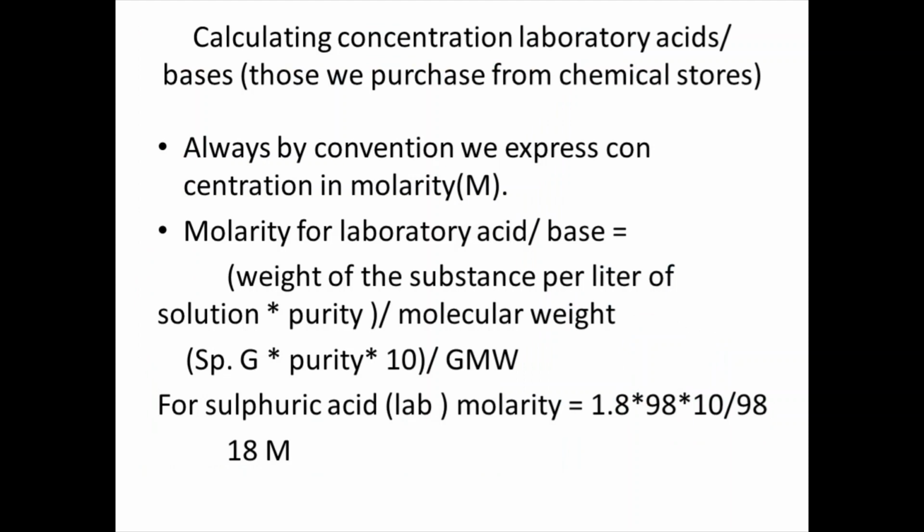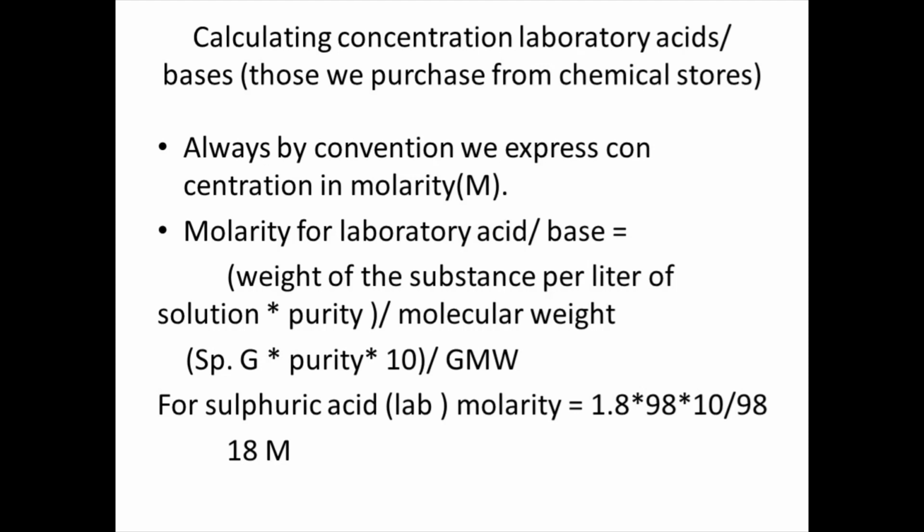You will be calculating by using a formula, and the formula is weight of the substance per liter of solution multiplied by purity divided by molecular weight. How do you calculate weight? To calculate weight, we have to know about density.